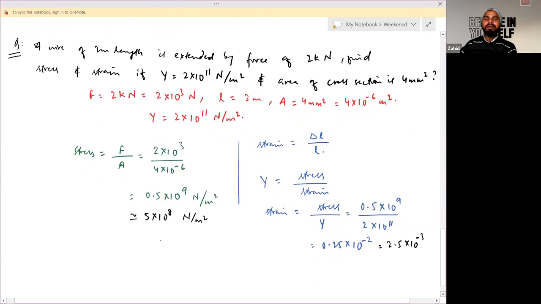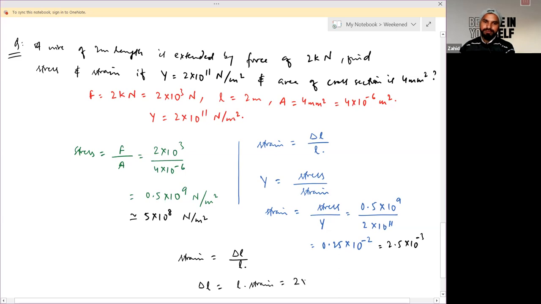Now, from this part, we may define the amount of deformation developed in this particular wire by using strain equals delta L divided by L. So if you have to find delta L, it should be L times strain.